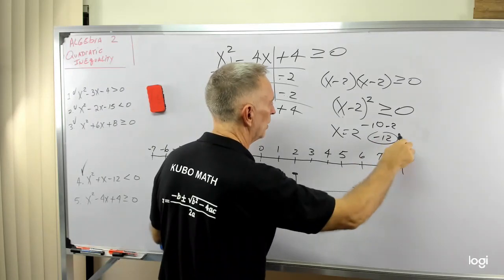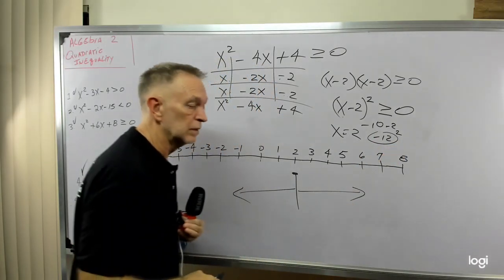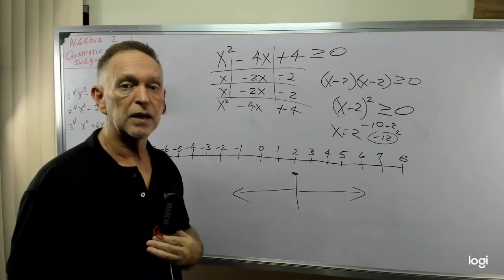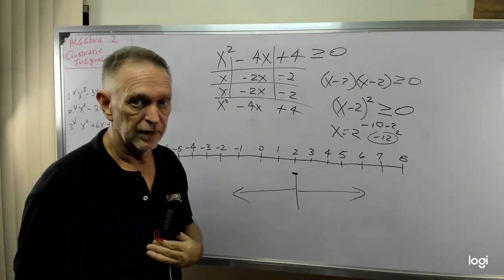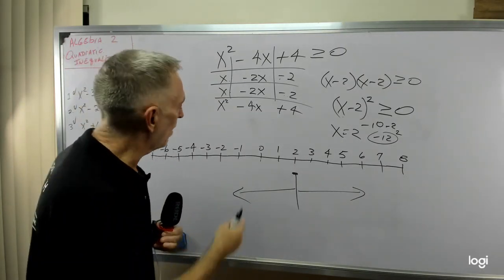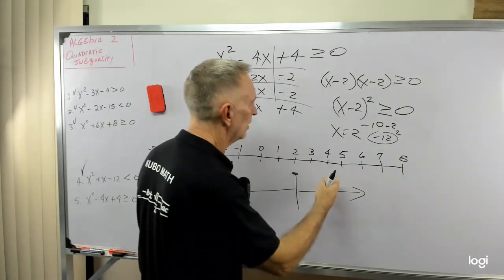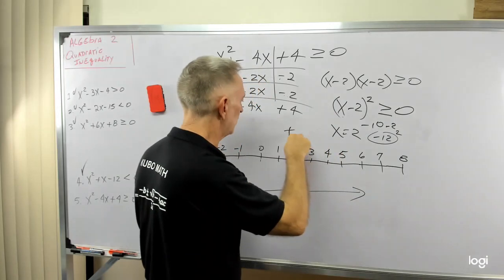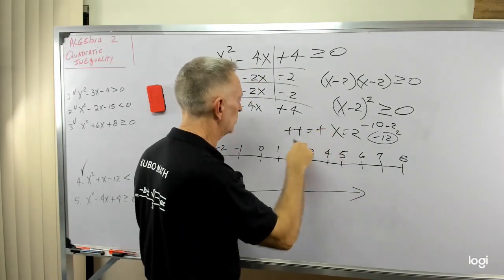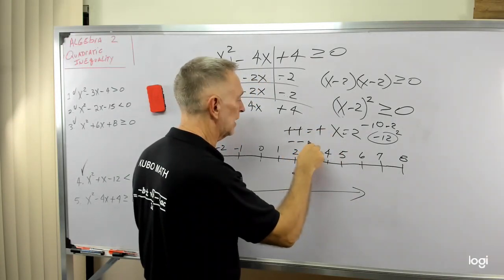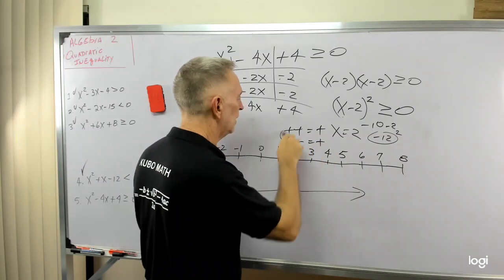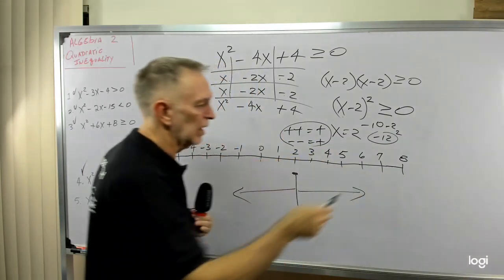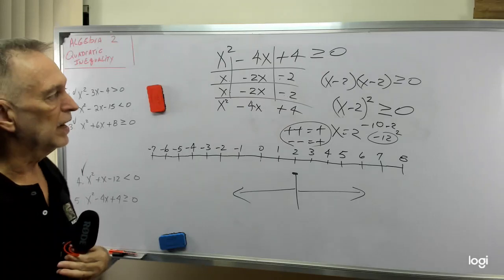Oh, negative 12 squared is what? Negative times negative is positive. It's always positive. No matter what number you put in there, once you square it, if it's positive, positive times positive equals positive. Negative times negative equals positive. Any number on this number line will give you a positive value.